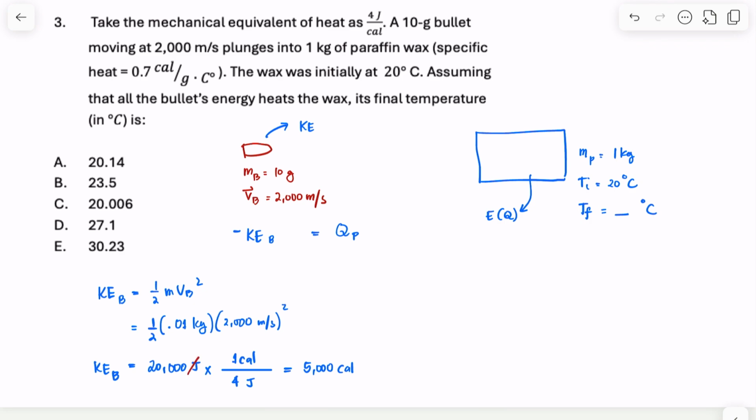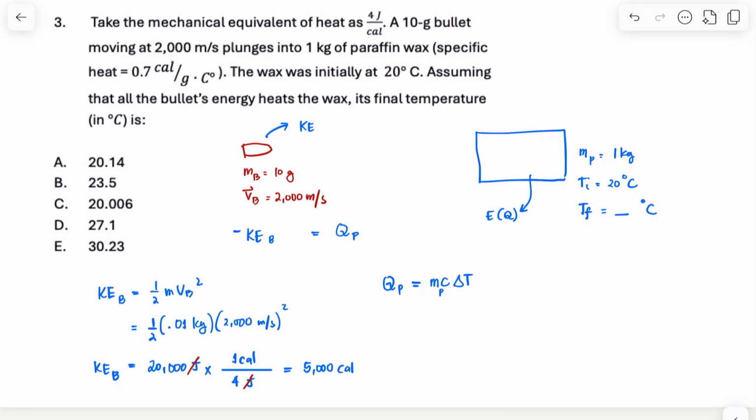Okay, so that means the Q of the paraffin, which is just heat energy in this case, is mc delta T, right? I'm just going to put P for the paraffin so that I won't be confused with the mass. I'm looking for the final temp.